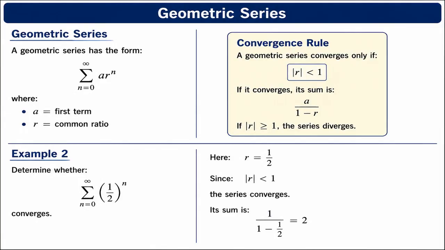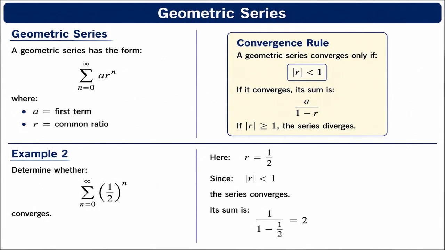Now let us study one of the most important types of series. This is called a geometric series. A geometric series has the form shown using sigma notation. Here, a is the first term and r is called the common ratio.